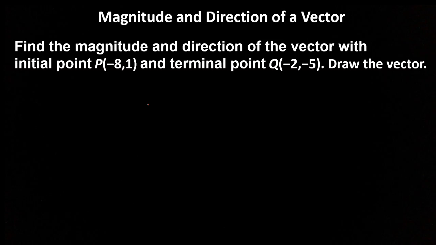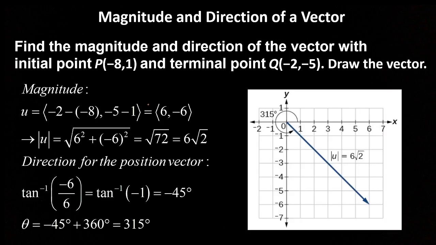So it says find the magnitude and direction of the vector. Well, it's very easy. First we have to write it in standard form. So this is PQ. PQ is different from QP, so the direction is different.